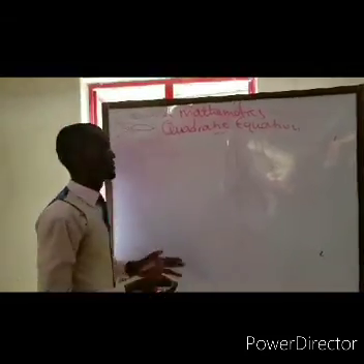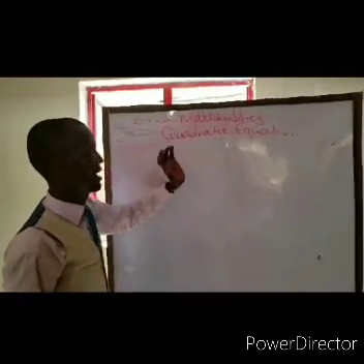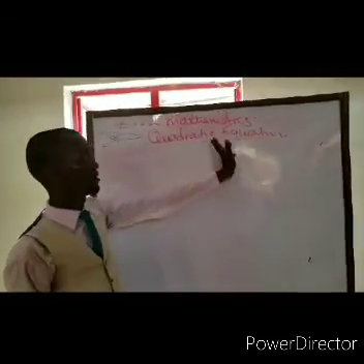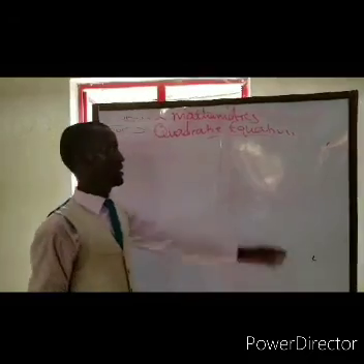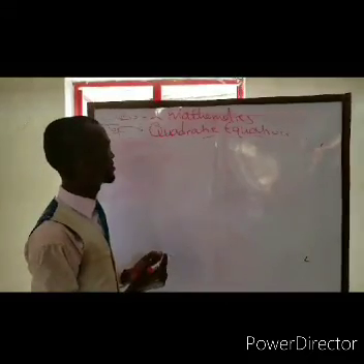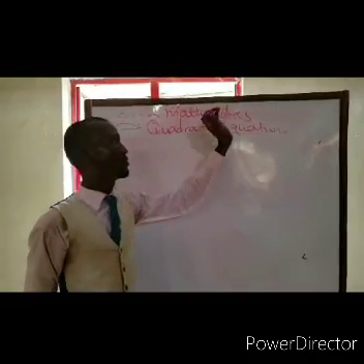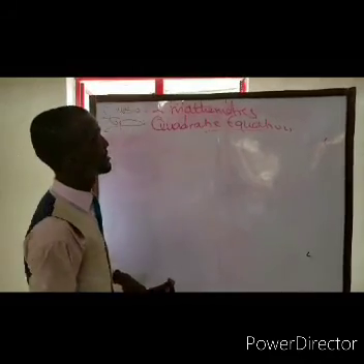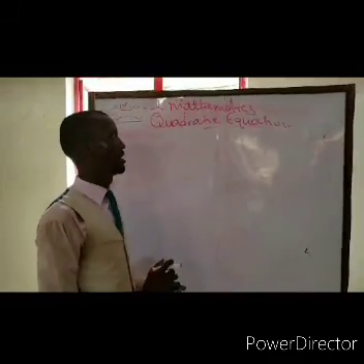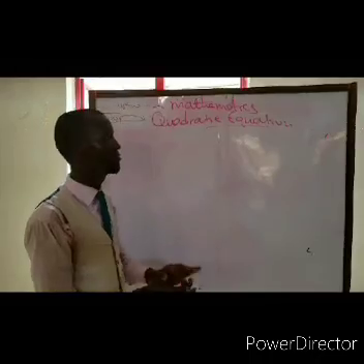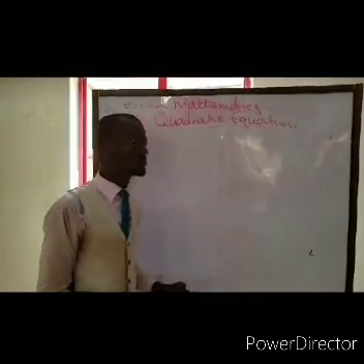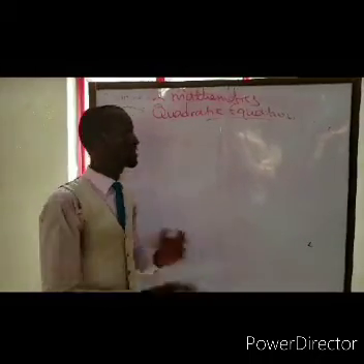Like last lesson, I expatiated the definition of the word quadratic. Then I also explained the propounder, that's the scientist. In mathematics, we have the scientists: we have Isaac Newton, we have Mike Faraday, and so on and so forth.